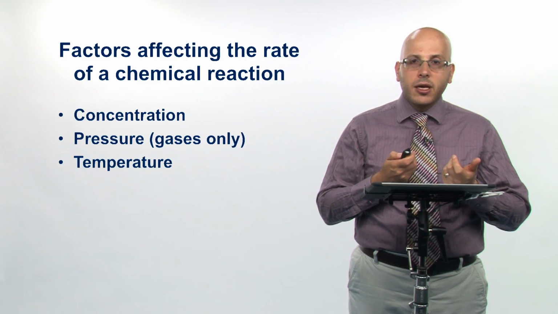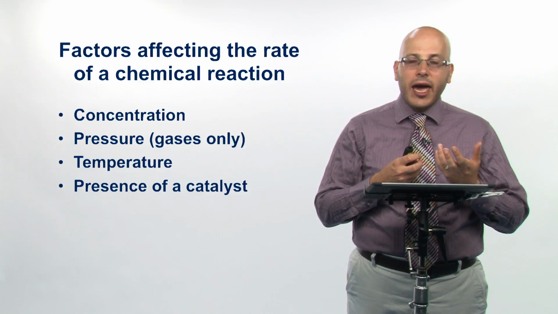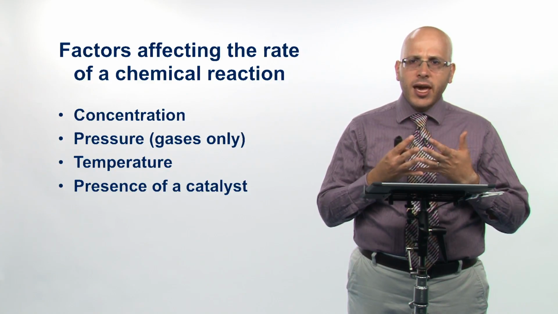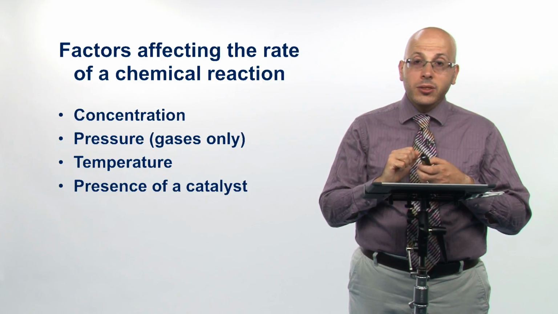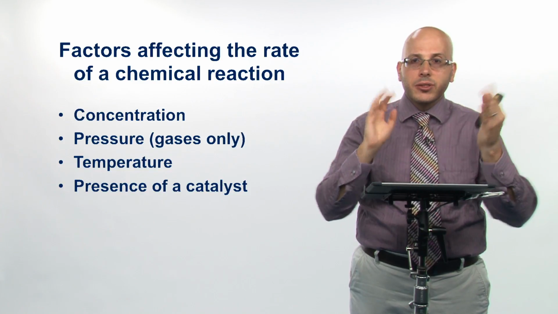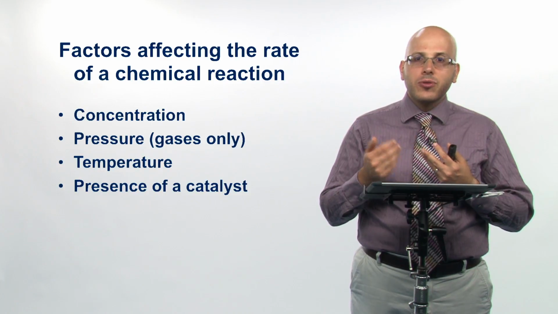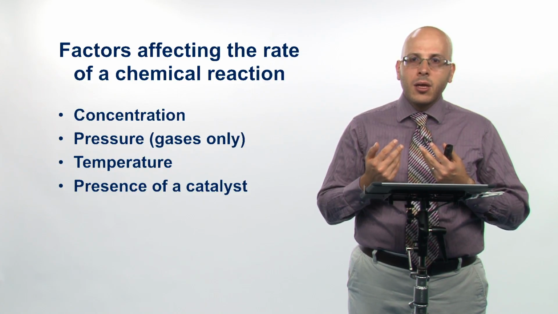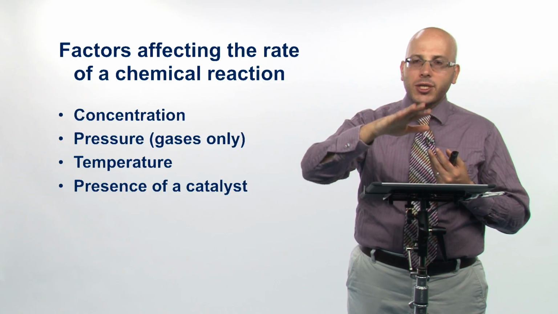The last thing that can matter is if I have a catalyst around. We'll talk a little bit about catalysts later. Catalysts could be really, really small things like protons or water molecules, or they might be enormous molecules like proteins, that basically speed up, or occasionally slow down but usually speed up, a chemical reaction, usually by changing the pathway, how the reaction happens.